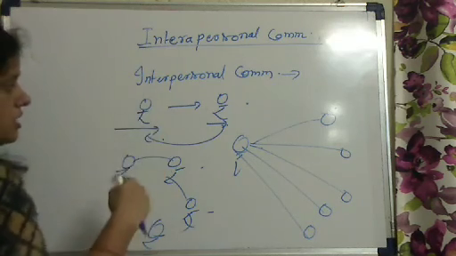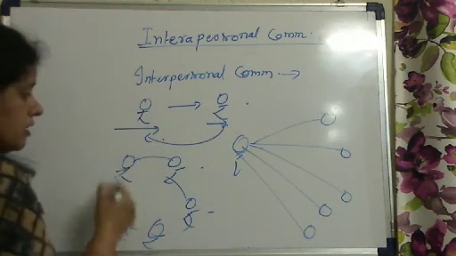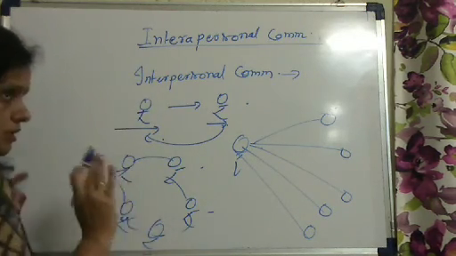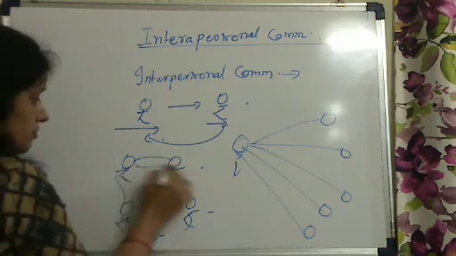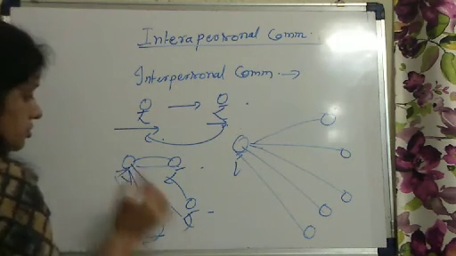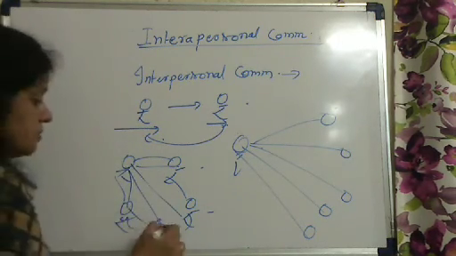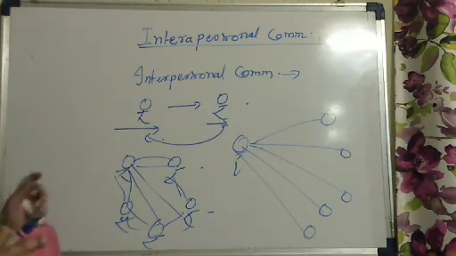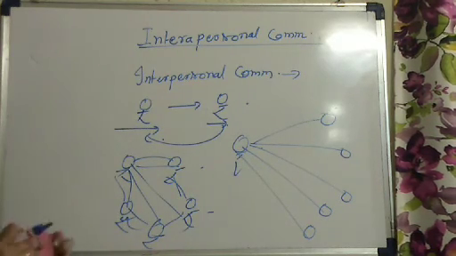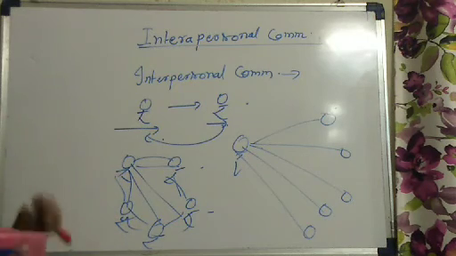So this cycle goes on in a group when you are communicating in verbal communication. Each person is able to communicate with every other person in that group and share their views. That comes under interpersonal communication.